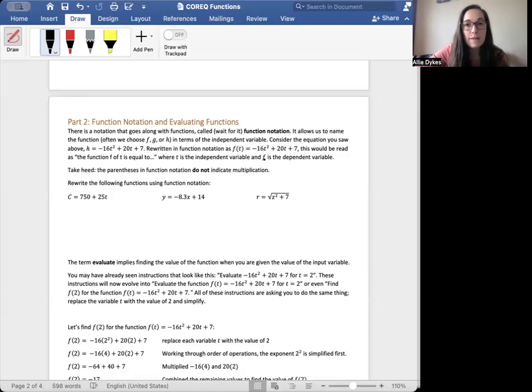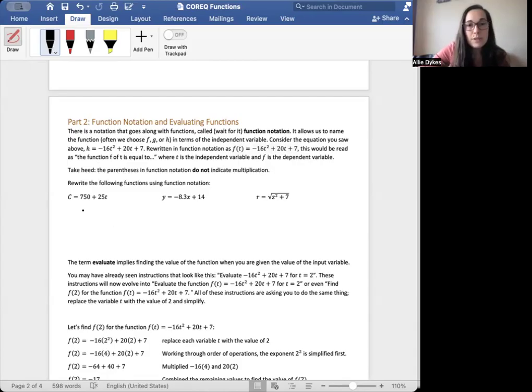That is symbolically how we would read it, but using function notation, we would read this as the function f of t is equal to -16t squared plus 20t plus 7. So this t inside the parentheses is just telling us what variable our function is dependent on. And this f is like a label that we're giving our function.